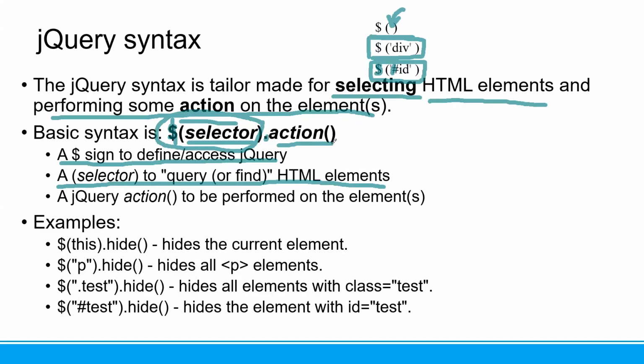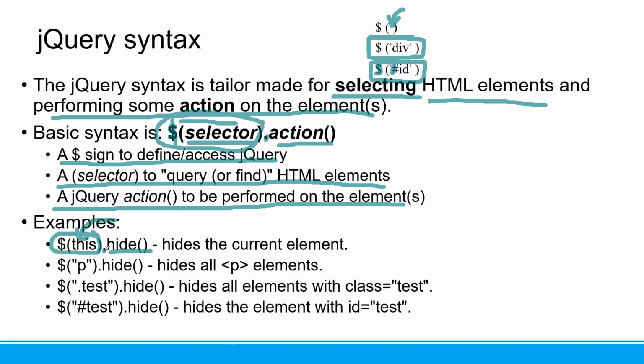So what are the actions? The jQuery actions are to be performed on the elements. For example, I put the $ sign and then this. So this refers to the object. Let's say this is a kind of form, and I want to hide.